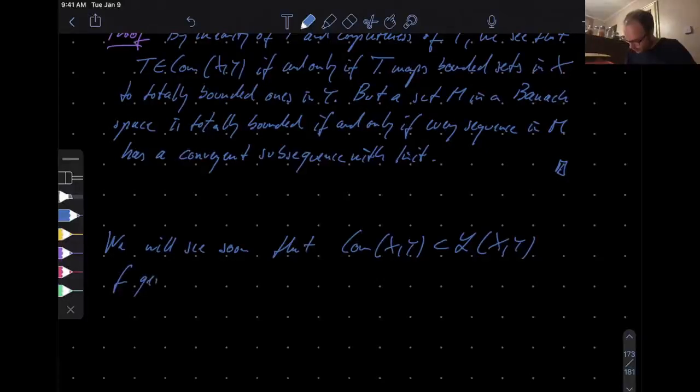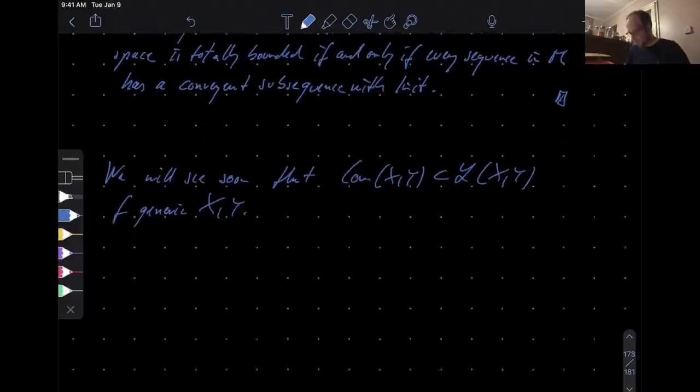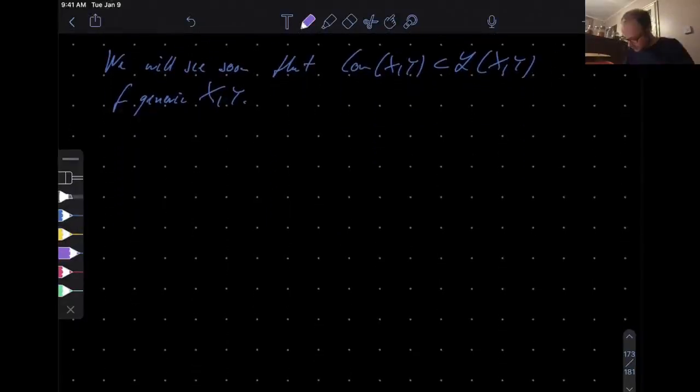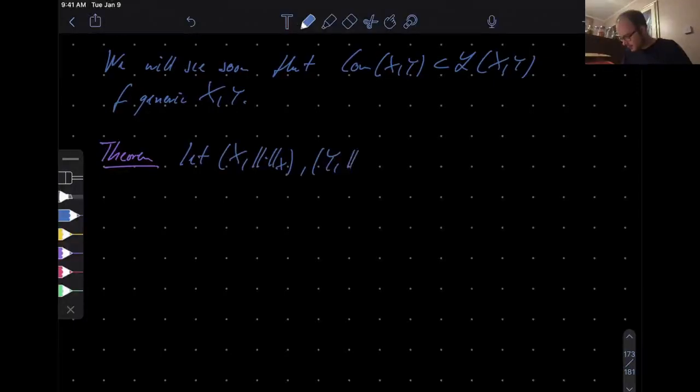For generic X and Y. Okay, good. So, but before we get there, we first need a handful of properties. Maybe I will just be able to summarize them now, and then we will have to prove them next time. That will take quite a while. It's very much like this theorem once we had defined the adjoint, so there's lots of properties to be proven. So you have 3 Banach spaces.